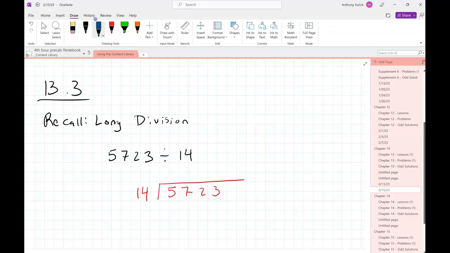Okay. How many times does 14 go into 57? 3 times. Yep. So 3 times 14 is, no, I think it goes 4 times, right? That's 56. We subtract down. 14 doesn't go into 12 any times.